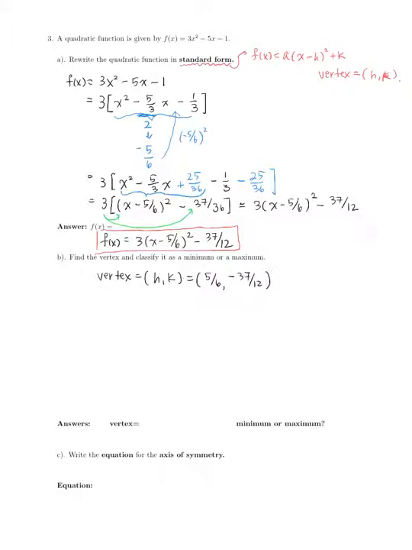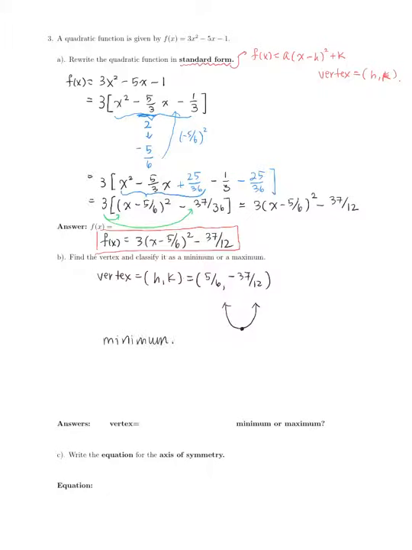Now, classify it as a minimum or maximum. Notice that in our f of x, the leading coefficient is positive 3. That means the parabola is opening upward, so the vertex has to be at its minimum. I'm going to say it's gonna assume a minimum value.